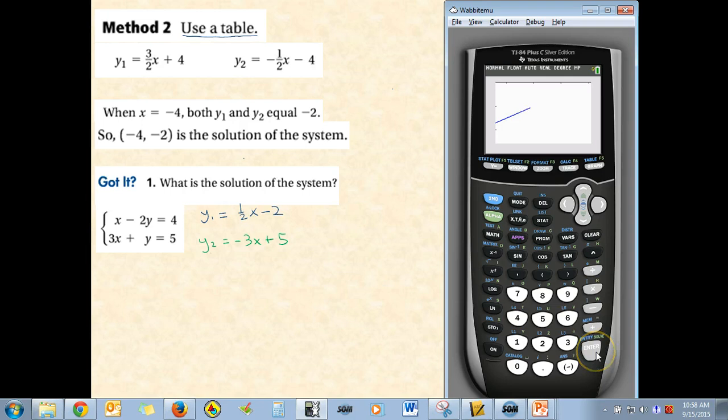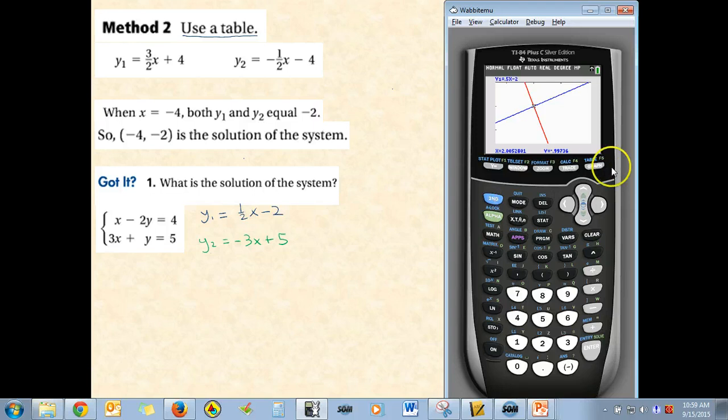Now it'll zoom in on that. Where does it look like they intersect? If we push the trace button, it looks like they intersect at about 2, -1. Let's see if our table will verify that.